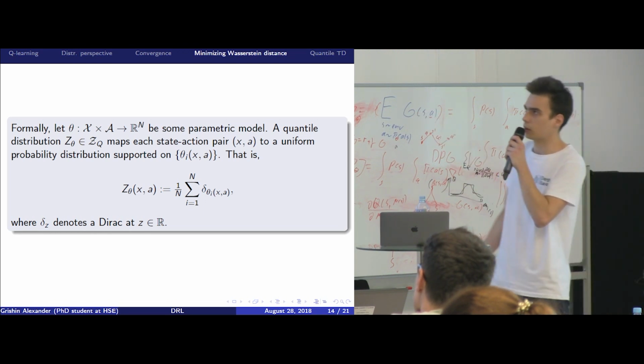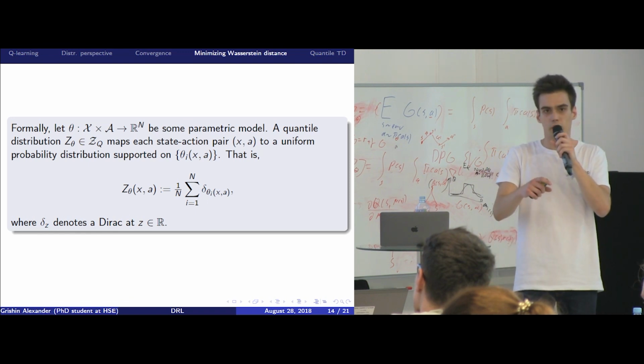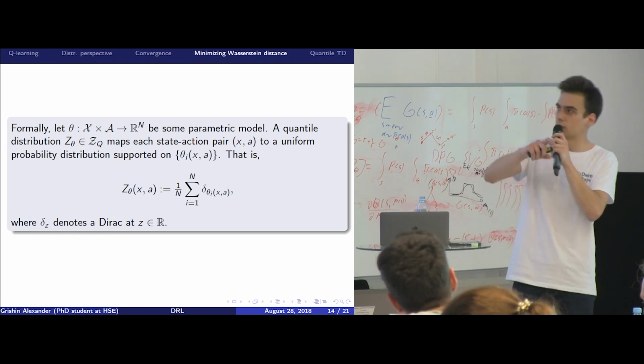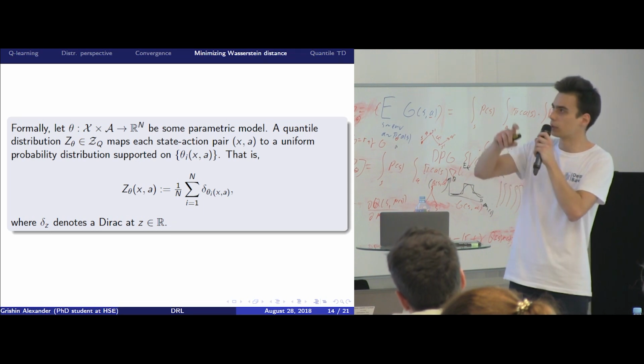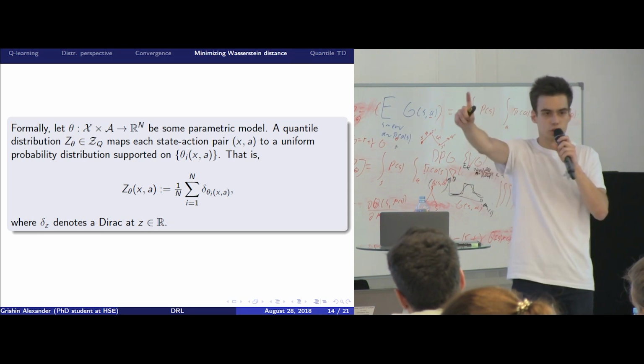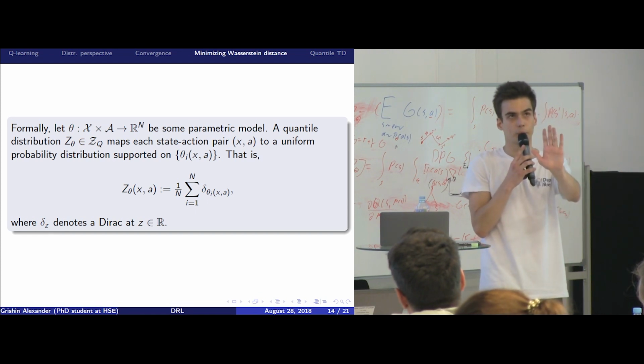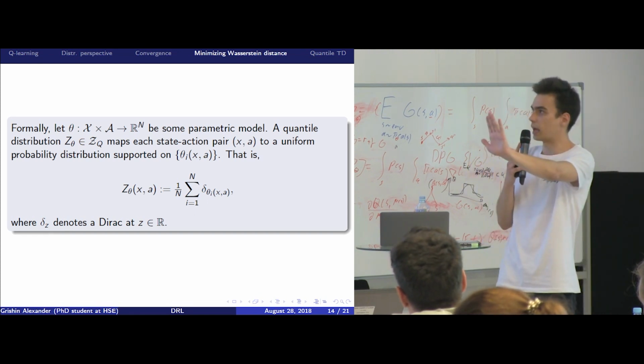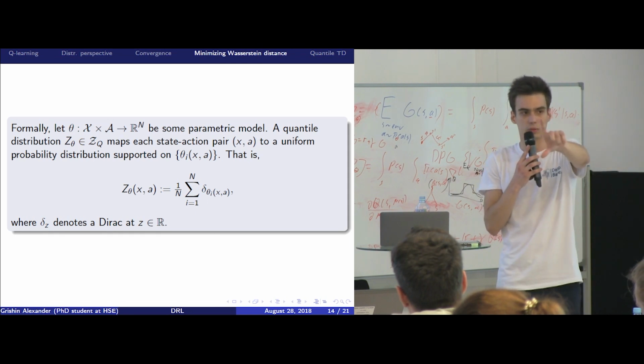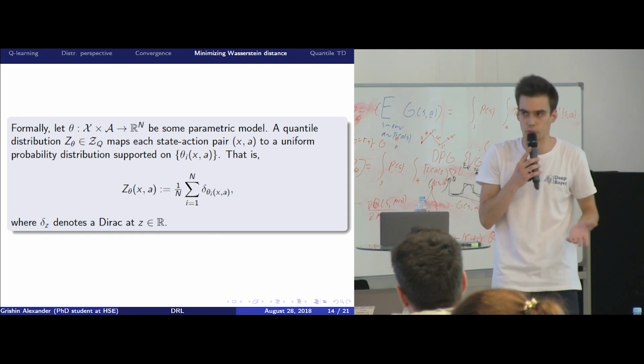So we will have equal delta functions, but in different positions. Our parametric family allows us just to move these n delta functions to better approximate our distribution.